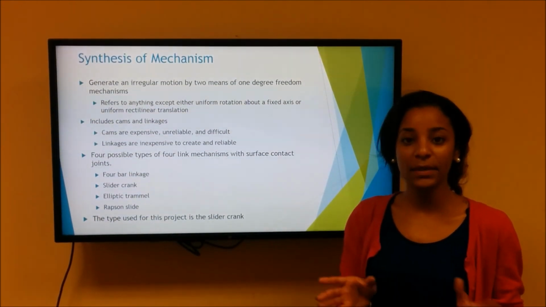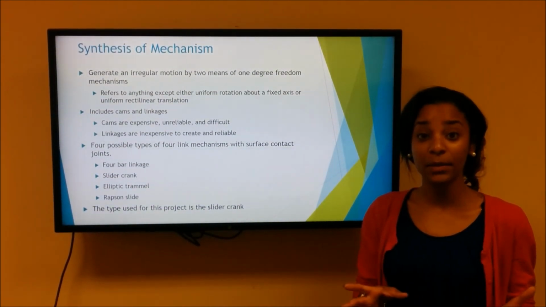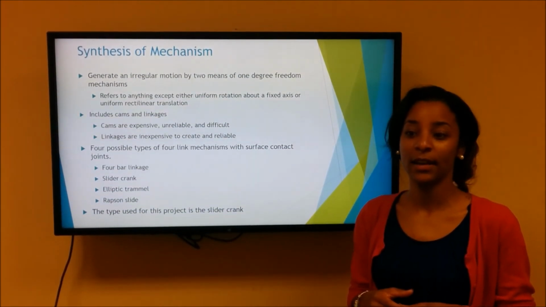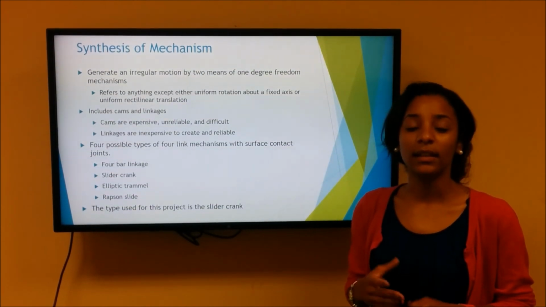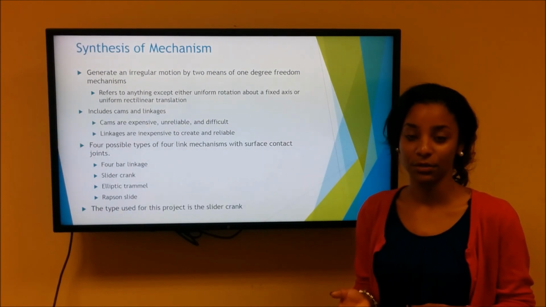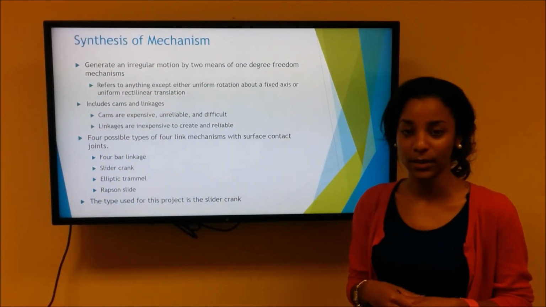It includes cams and linkages. The difference between cams and linkages is that cams can be very expensive, they tend to be unreliable, and they're difficult in terms of design. Linkages, on the other hand, are considered to be inexpensive to create, and they're more reliable than cams.